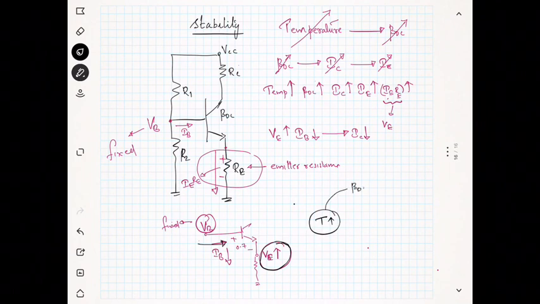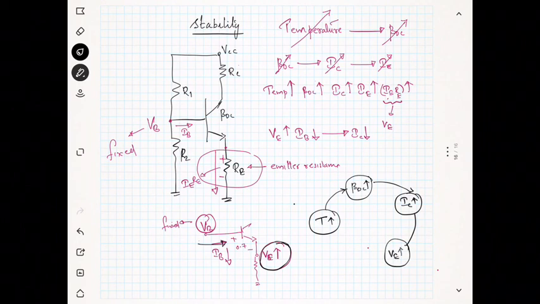It will lead to an increase in the beta DC, and this will lead to an increase in IC. However, this will lead to increase in VE, and this will lead to decrease in IB, right? This will lead to decrease in IB, and finally it will lead to the decrease in IC. You understood? So this is what is happening.